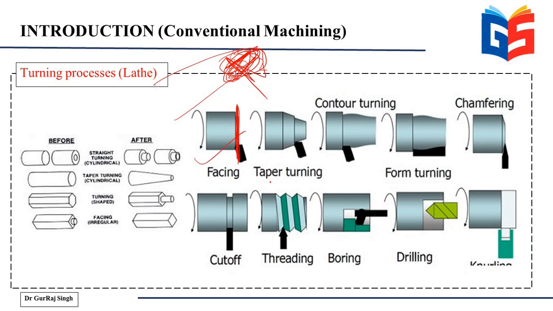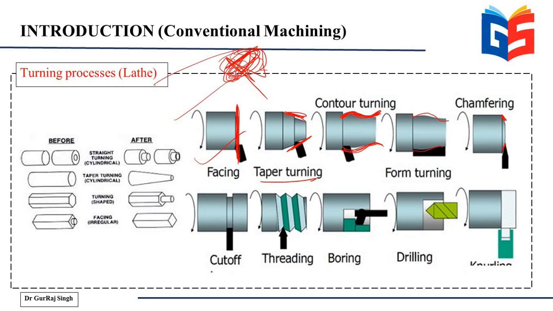You can also use taper turning to give a taper to the shape of the component. Then contour turning, where the shape of a curvature, also called a contour, can be provided. Then form turning, where you use a tool that can give a certain form to the workpiece. Chamfering, in order to remove the sharp edges, you can chamfer the end of the workpiece and blunt it basically, and that is called chamfering.